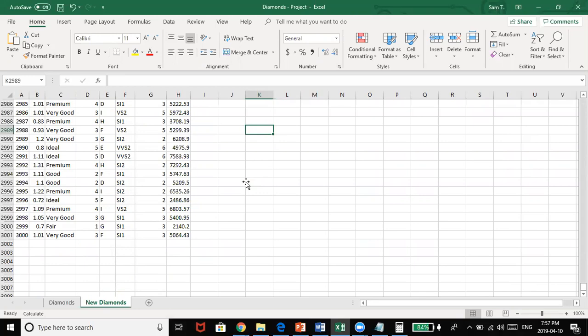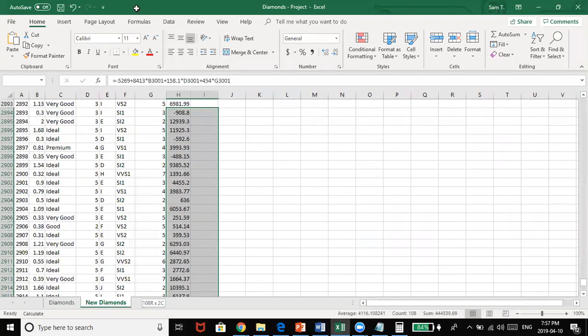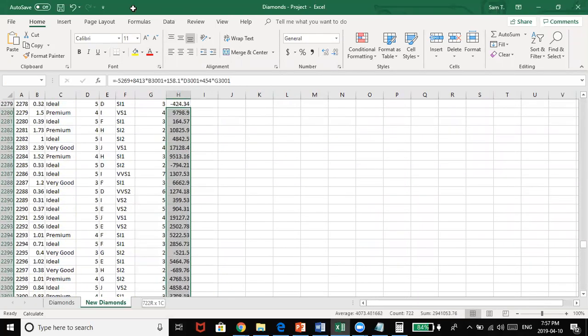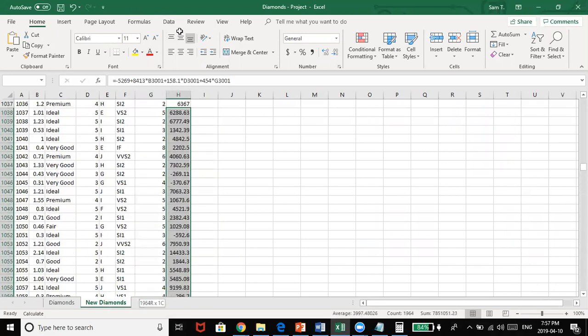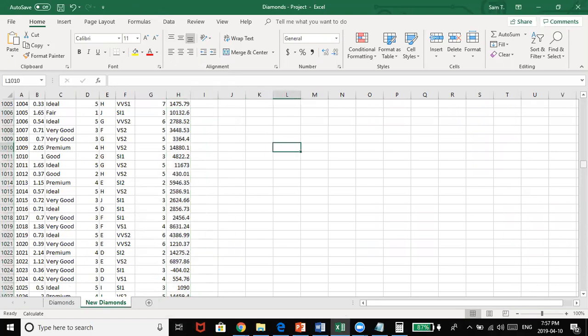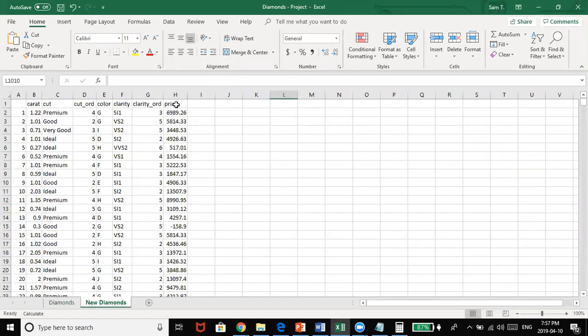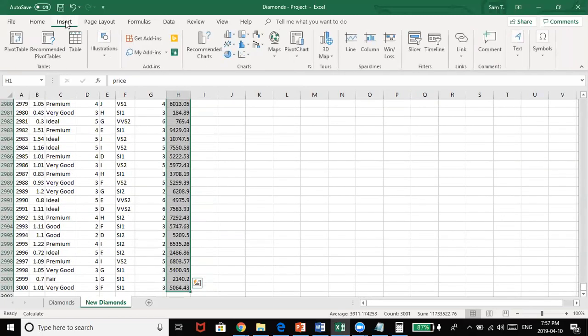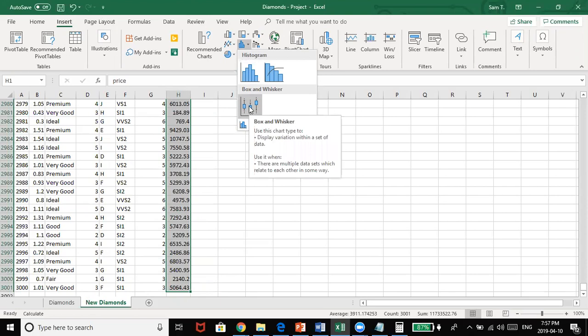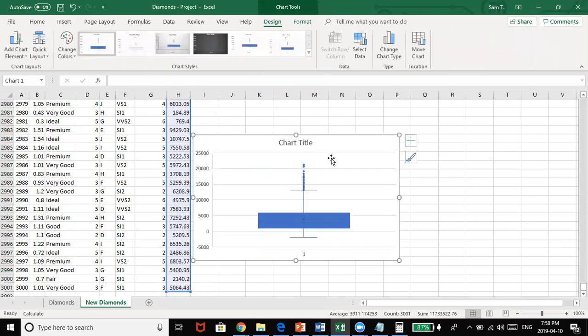And one of the things you can do is look at the 5-number summary. I know this is slightly out of the scope of this course, but you can look at the distribution of the price. To do that, you can use a histogram, so here's a histogram, or you can use a box plot. A box plot is actually a better plot to see the distribution, because it's going to give you the 5-number summary easily.